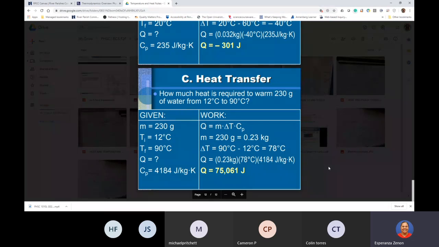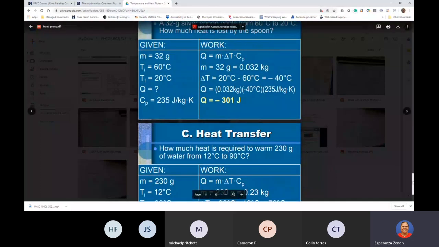It also means that once the water is hot or warm, it will retain heat better than other materials. So if we look at the example above with the silver, it doesn't take nearly as much heat, in terms of the heat we have to remove, to cool down silver. Why? Because it has a much smaller value of specific heat.